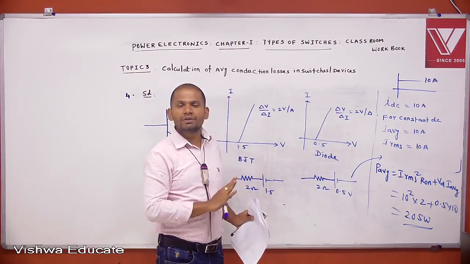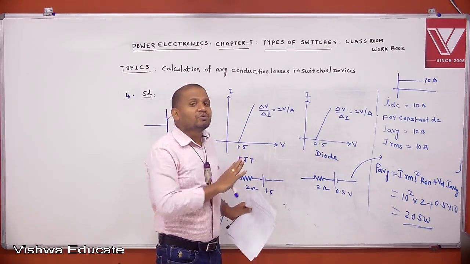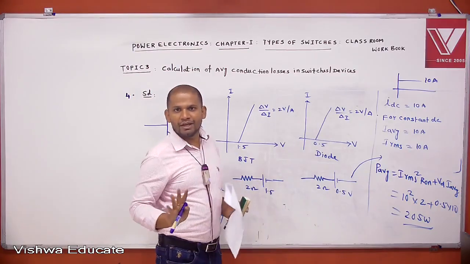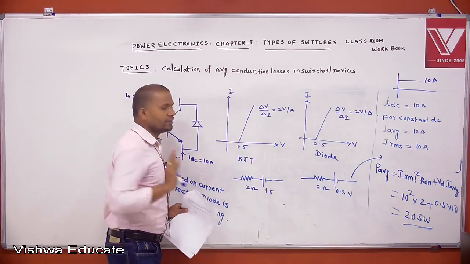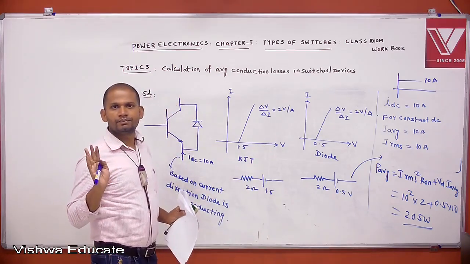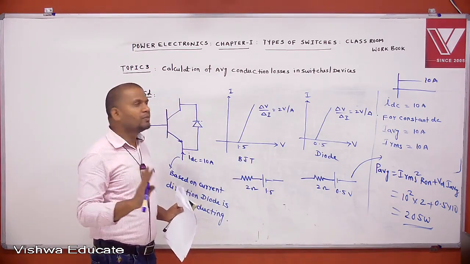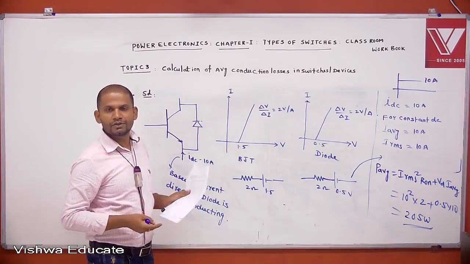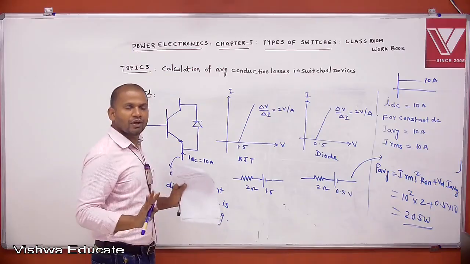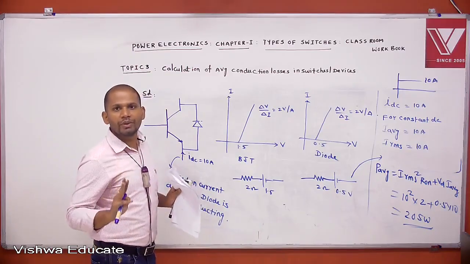With this knowledge of types of switches, you can answer any question. Understood? Clear? With this, the chapter 1 classroom workbook is completed. The concept is over, and the classroom workbook questions in the 3 topics are complete.